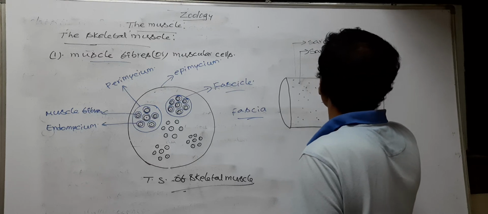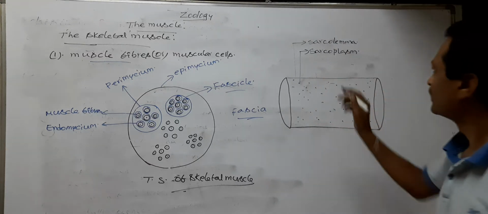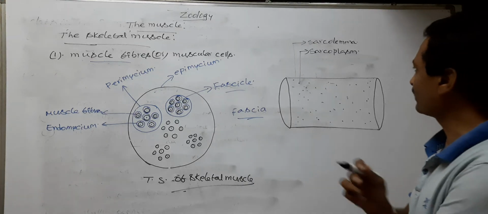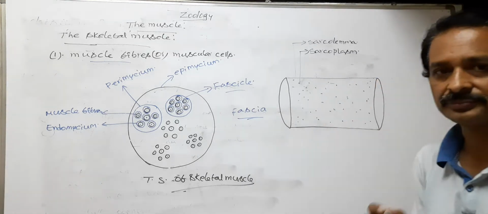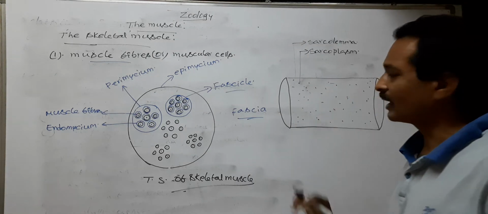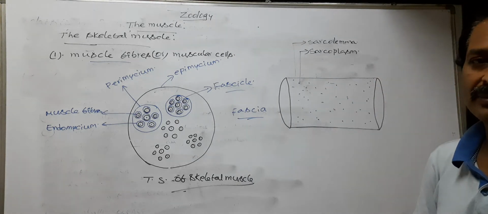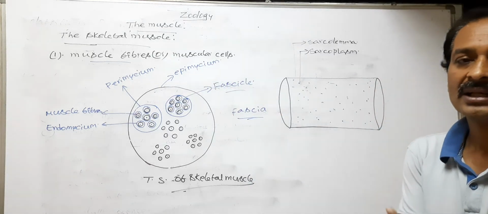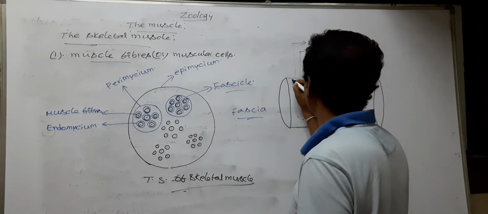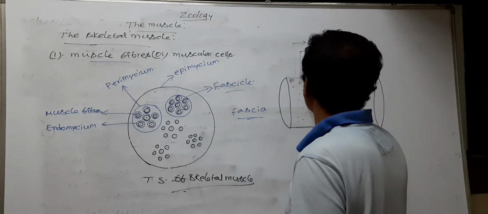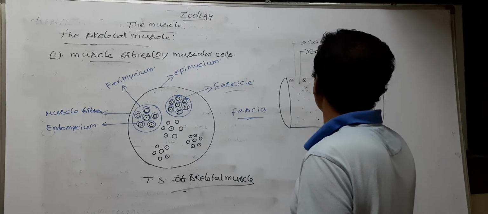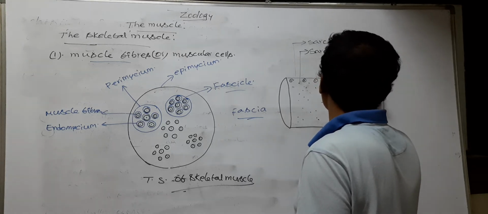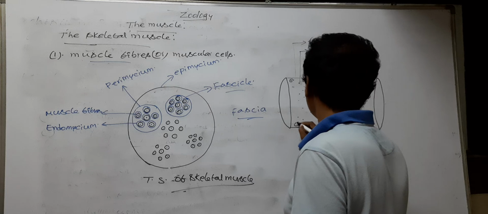Sarcoplasm contains a large number of nuclei, generally situated just below the sarcolemma.